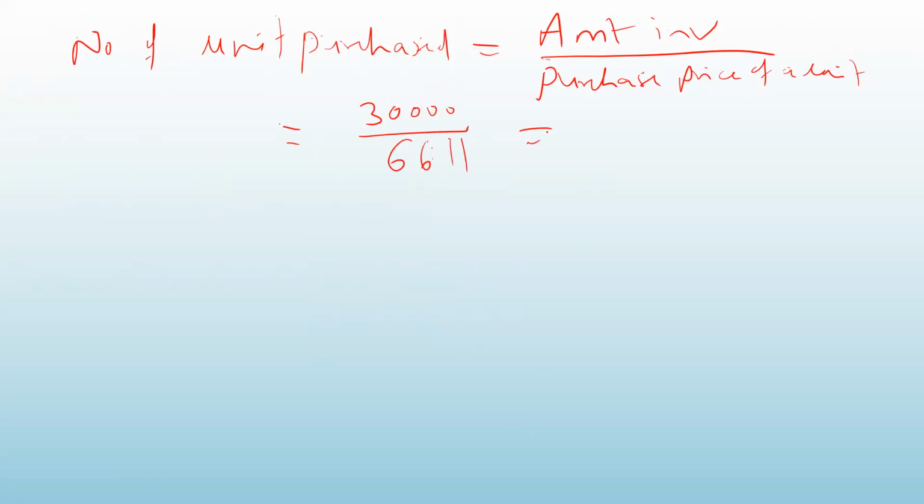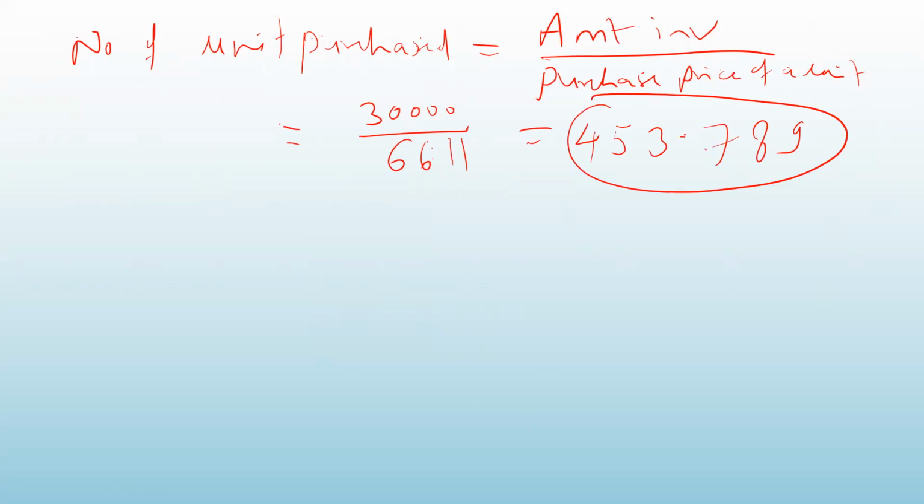How much will you get? 30,000 divided by 66.11 will give you 453.789. Take up to 3 decimal places. So 453.789 units were purchased.